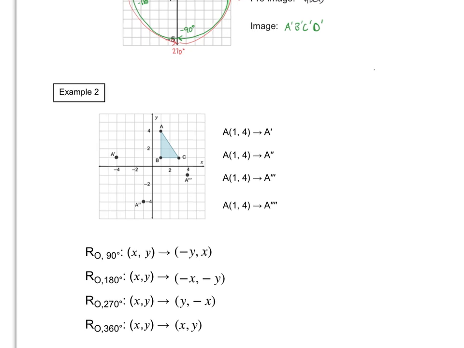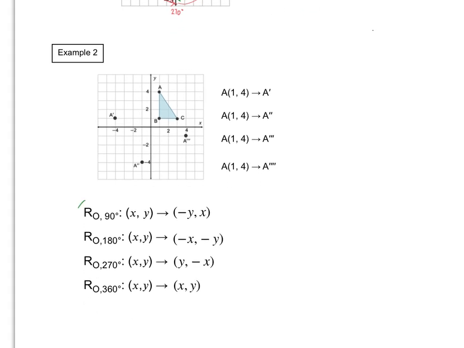Here in example number 2, here's some mapping for us. If we rotate about the origin 90 degrees, my mapping would be (x, y) maps to (negative y, x). If we rotate 180 degrees about the origin, my (x, y) would map to (negative x, negative y).